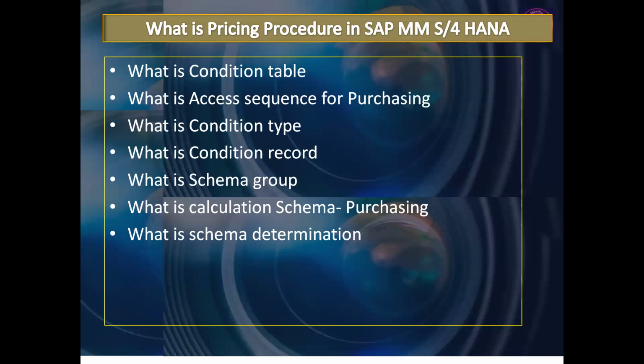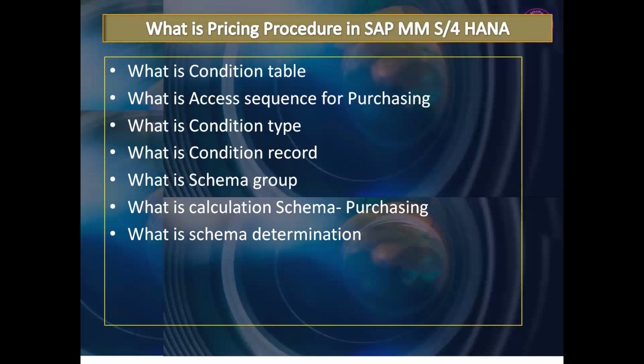We will have multiple vendors, so for all the vendors we need to maintain the schema determination, and then there will be the schema group, which we have discussed now. Each purchase organization can have a different schema group as well.